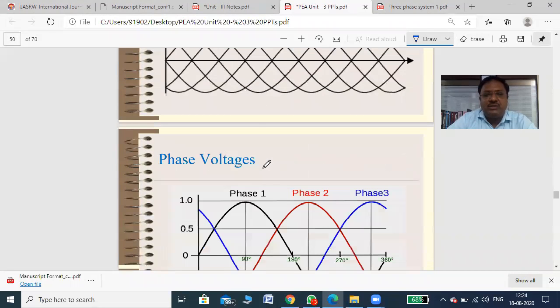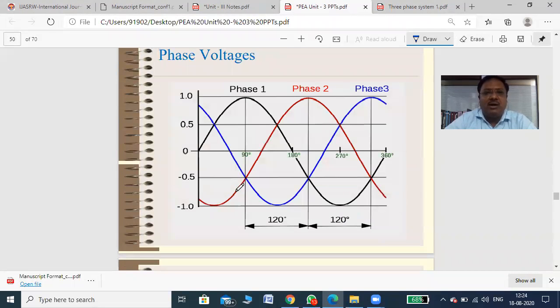Every phase you can see with this figure, right? So phase 1, phase 2 and phase 3. The phase difference between these three phases is exactly 120, right? Phase 1 to phase 2 is 120, phase 2 to phase 3 is 120, and phase 3 to phase 1 is also 120.